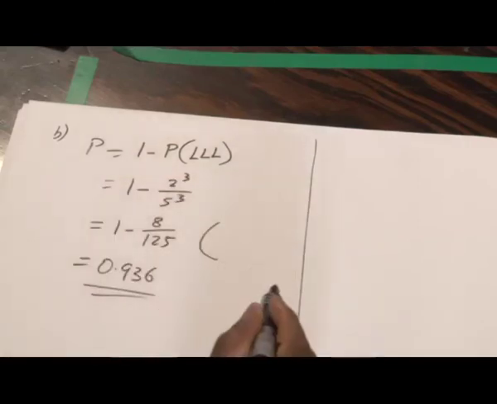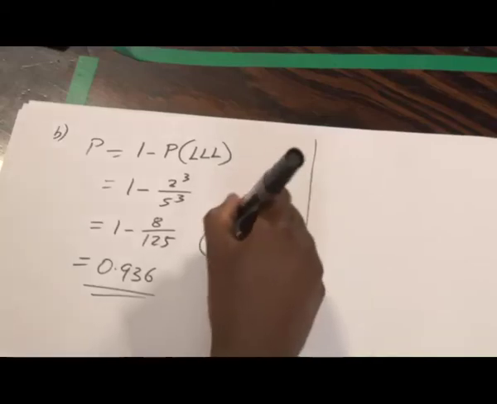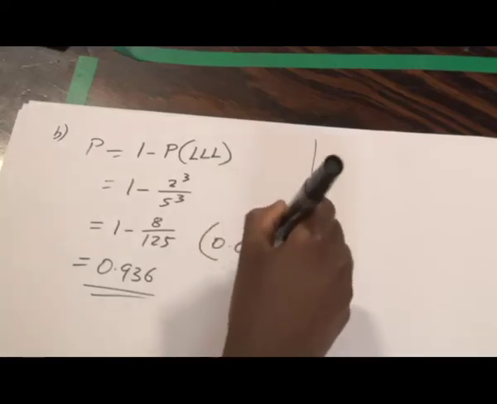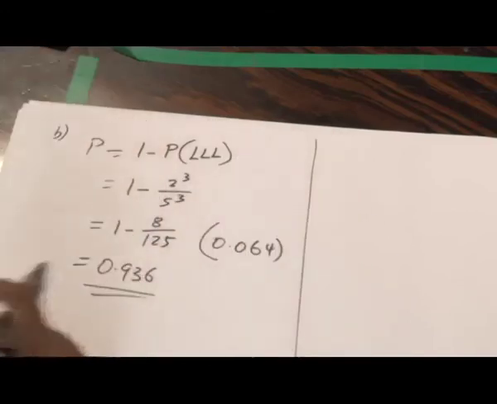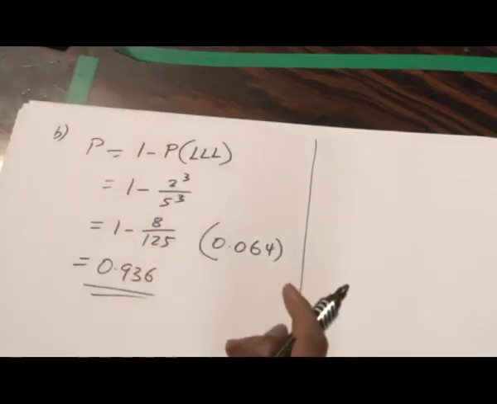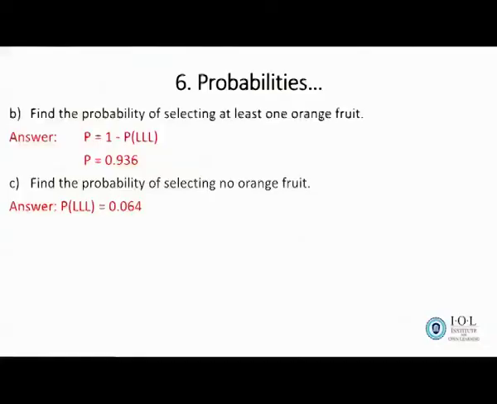Otherwise, this one you can also put in a decimal. 8 divided by 125 is 0.064. That's what we are subtracting from 1, so it gives you 0.936. Then C, find the probability of selecting no orange fruit. So no orange fruit at all.